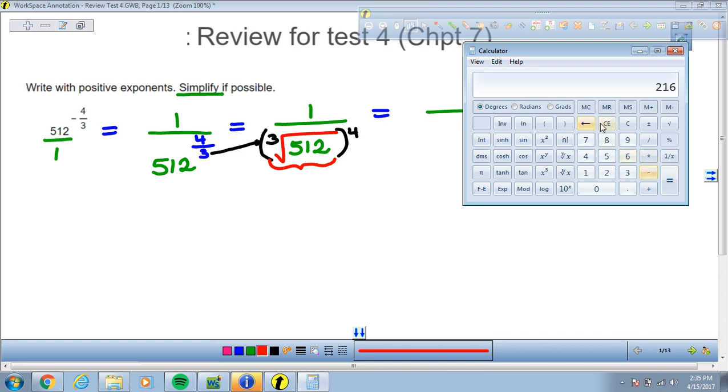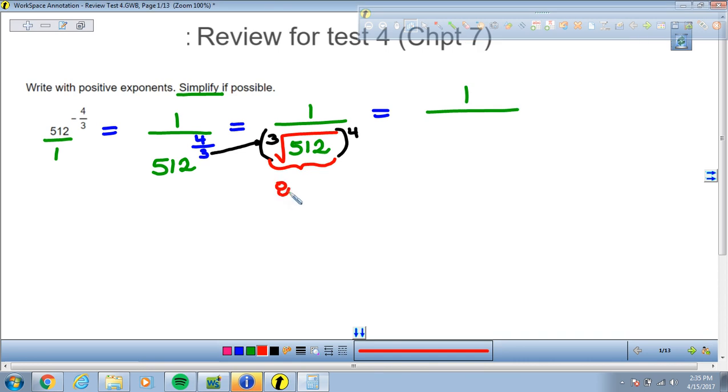That's 216. That means it has to be a number bigger than 6. 7 times 7 times another 7, 3 times, 343, so more. 8 times 8 times another 8, 512. So the cube root of this one is going to be 8.